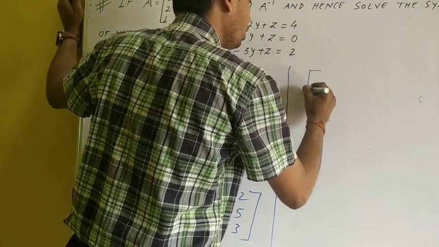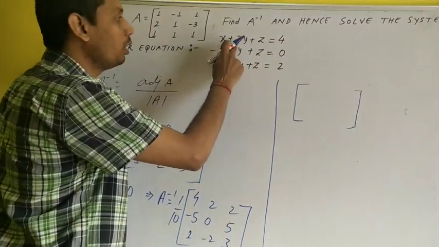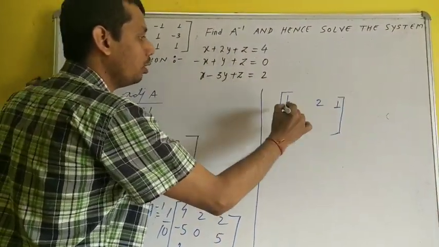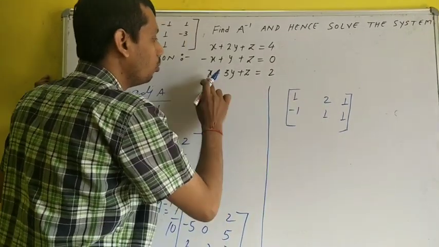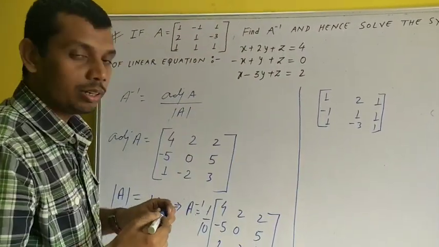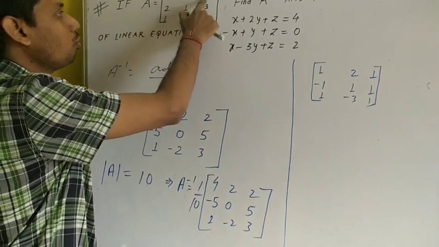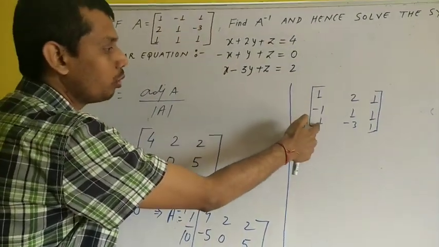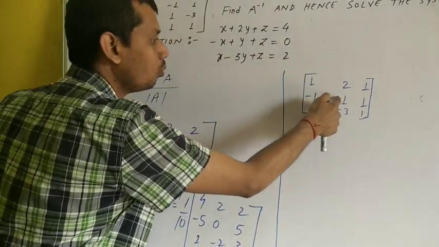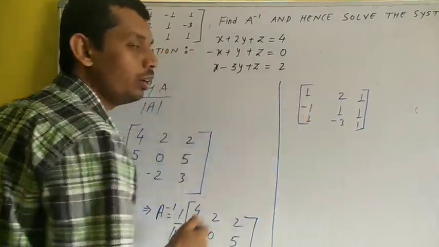Now if we construct the coefficient matrix, this will be 1, 1, 1; 2, 1, minus 3; 1, minus 1, 1. Now this is our coefficient matrix. Now compare that coefficient matrix with the given matrix A. 1, minus 1, 1 is a row here, and a column there. 2, 1, minus 3 is a row, and a column. 1, 1, 1 is the row, and the column.